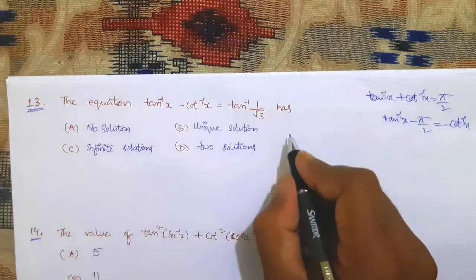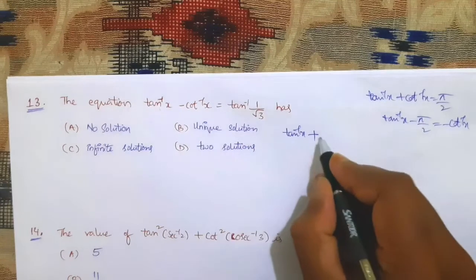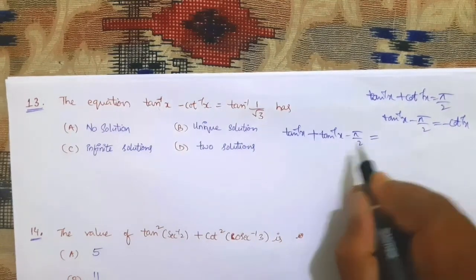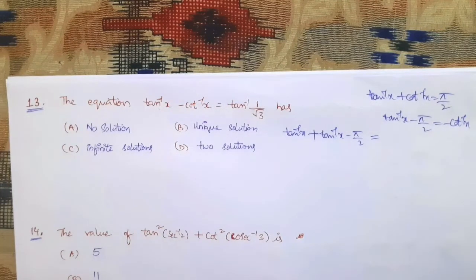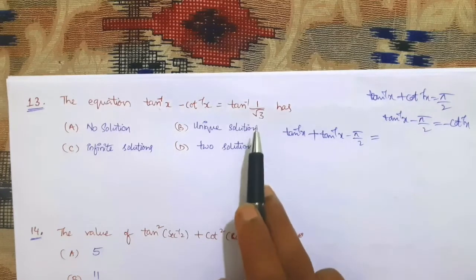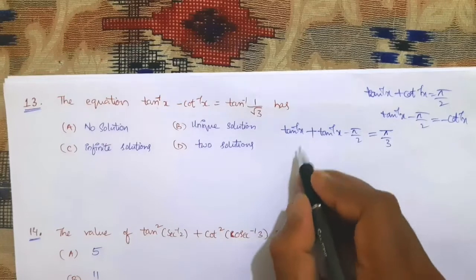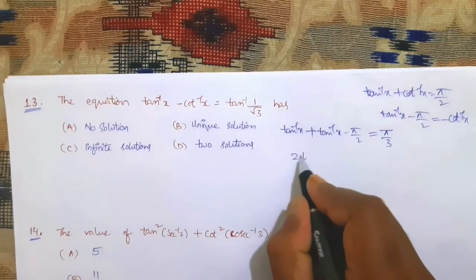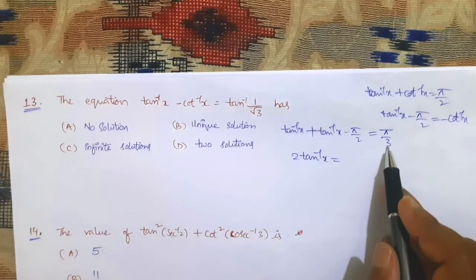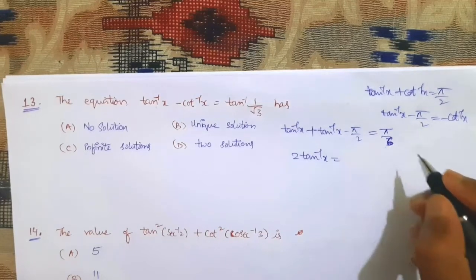So this will be tan inverse x plus tan inverse x minus pi by 2, which is equal to tan inverse of 1 by root 3. See guys, you know that tan inverse of 1 by root 3, in terms of tan, is tan 30 degrees, so pi by 6. So tan inverse x plus tan inverse x is 2 tan inverse x, which is equal to pi by 2 plus pi by 6.